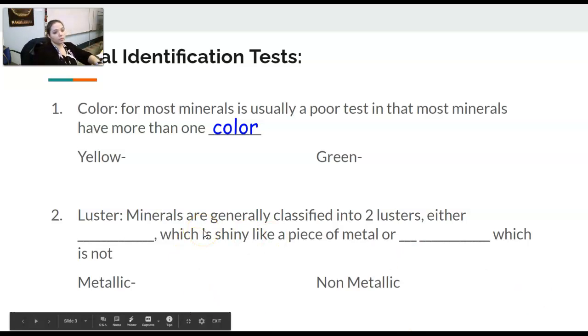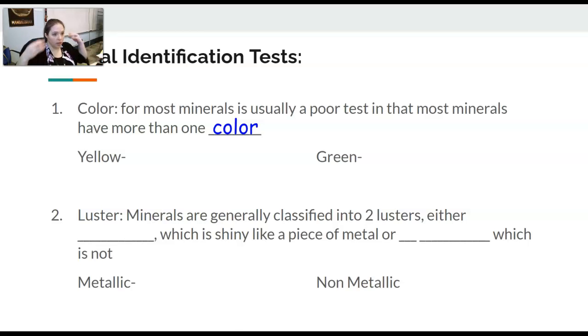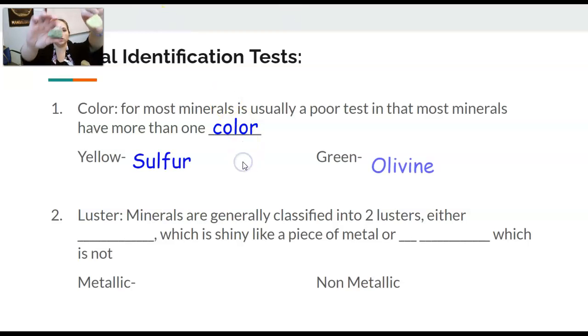So in the 10 that I've given you, 2 of them have actual color. You have this one, which is yellow and sulfur, and then this one is green, or olivine. Green is olivine.